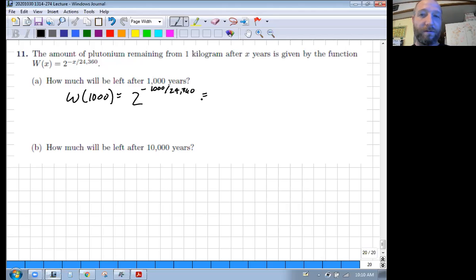So let's see, if I take -1000 divided by 24360, this is 2 to the negative 0.04105009. Things like this, you always want to keep as many decimals as you can.